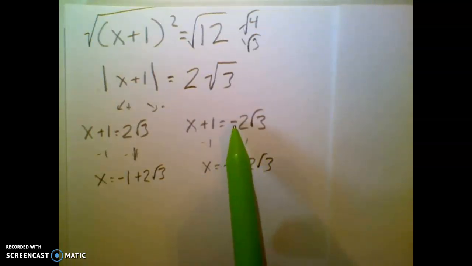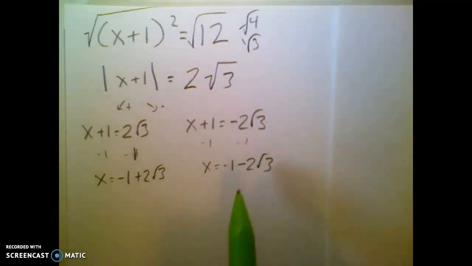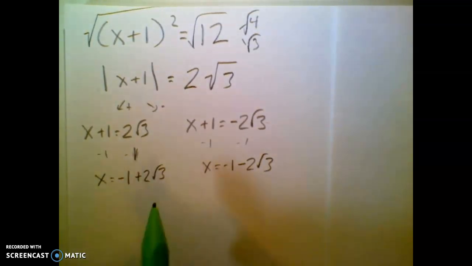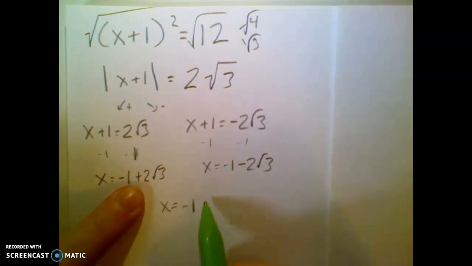Also, you can't do this negative 2 minus 1. Like, you can't get a negative 3 because this is a radical, and this is just a regular number, so those guys can't combine, so you just push them together. So you're going to get these two answers, but you need to write your answer as one answer. They both have a negative 1, and then I have a plus or minus a 2 root 3.